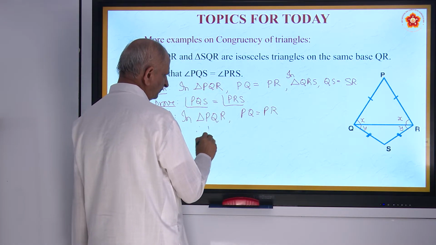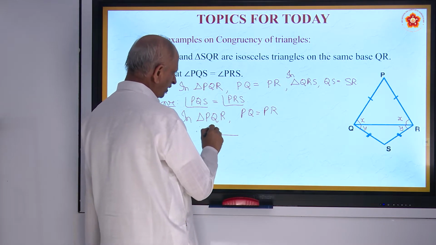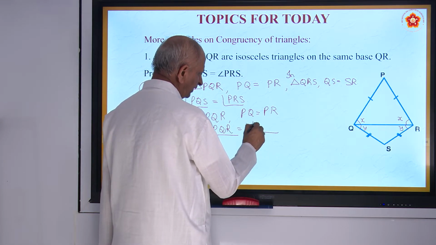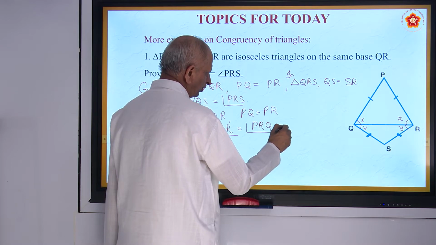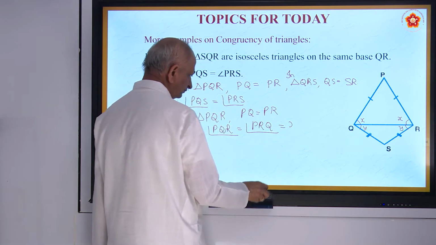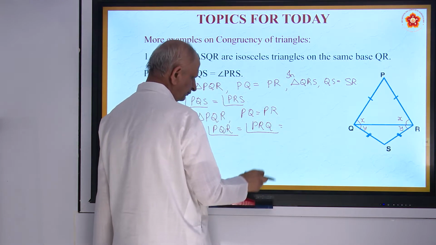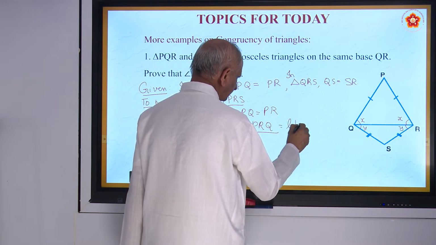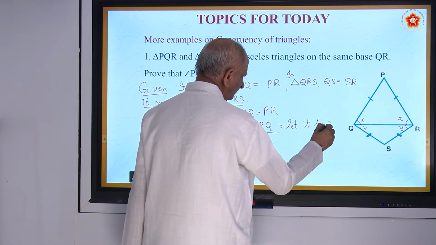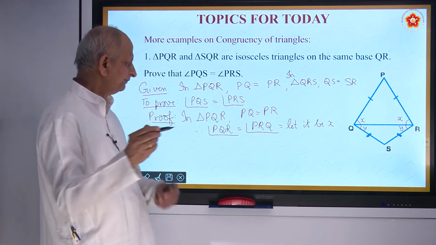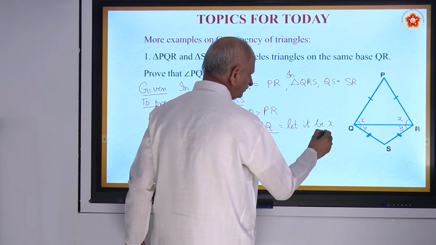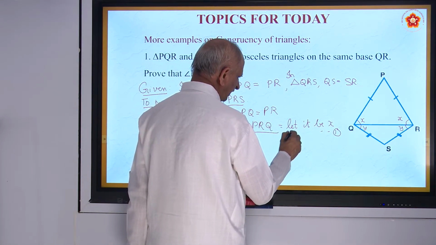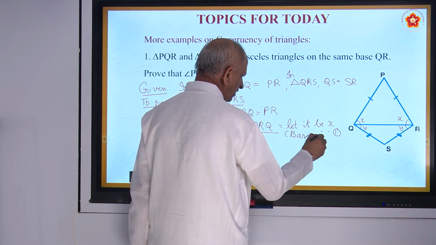And therefore you have angle PQR is equal to angle PRQ, equal to X, let it be X. X means something like 30 degrees or 40 degrees, whatever it may be. We call it result number 1. Why are they equal? Because they are base angles of an isosceles triangle.